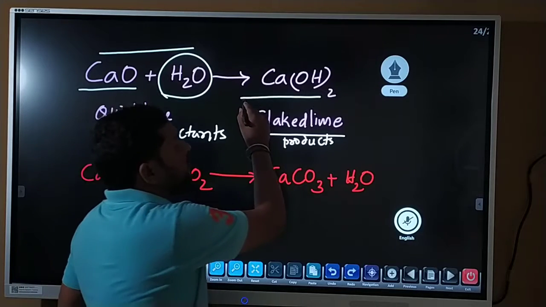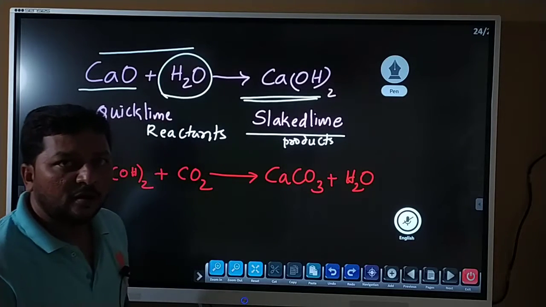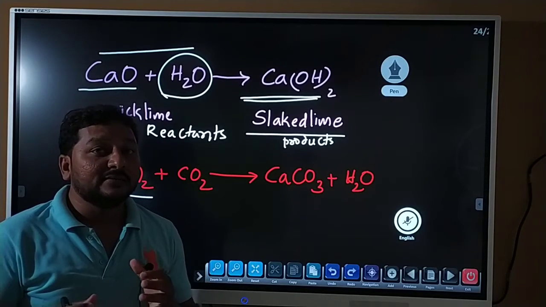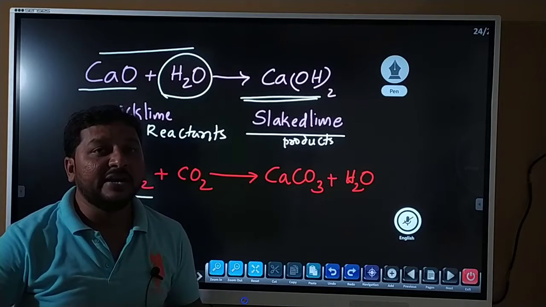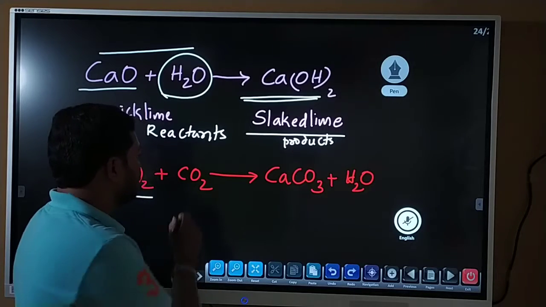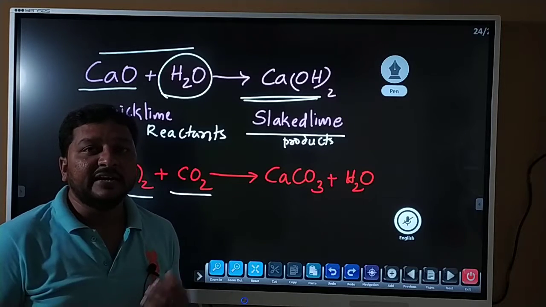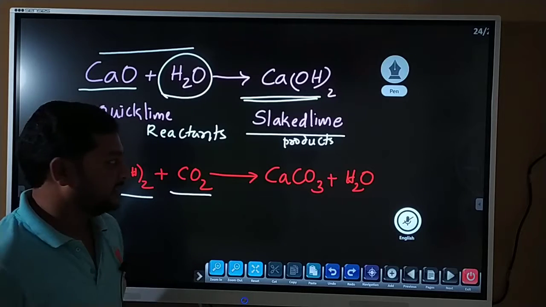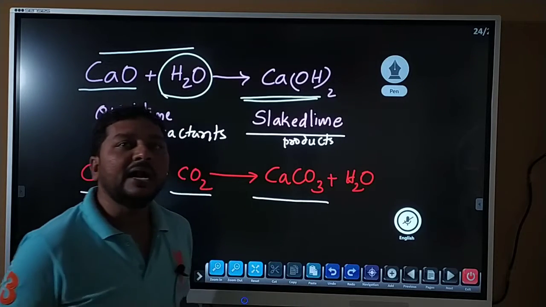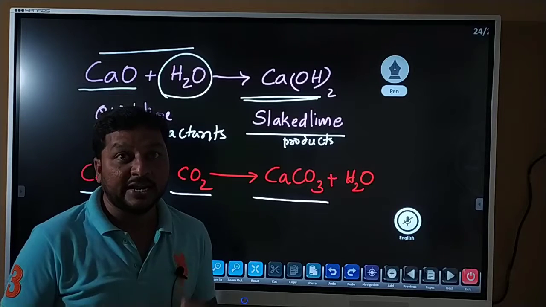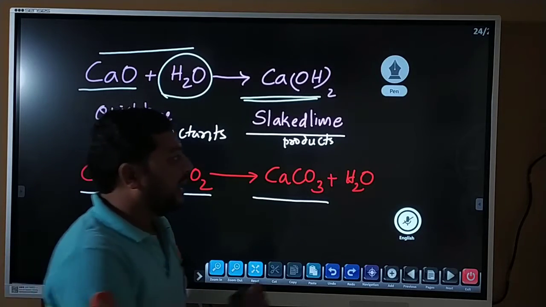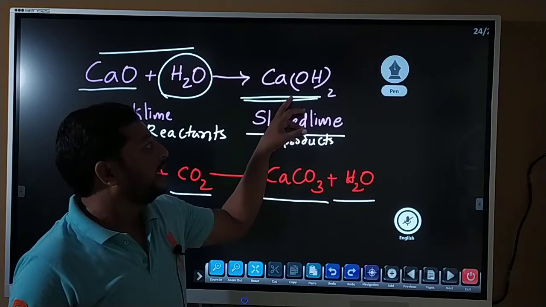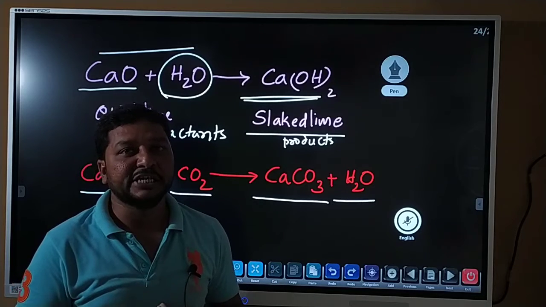Now, after whitewashing, this is calcium hydroxide. After several hours, it may take 2 to 3 hours, when it reacts with atmospheric carbon dioxide, it becomes a hard layer of calcium carbonate, and the water present in the calcium hydroxide or slaked lime gets evaporated.